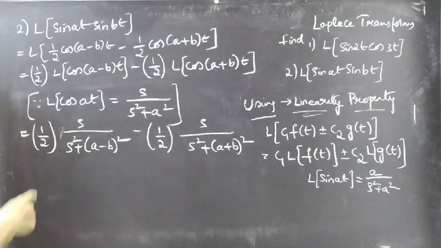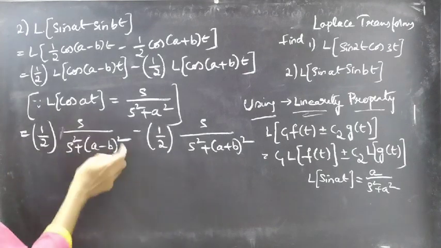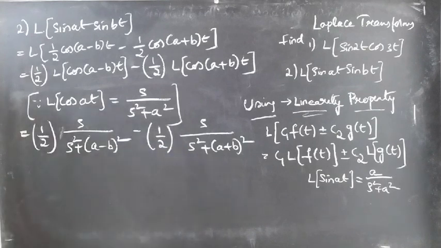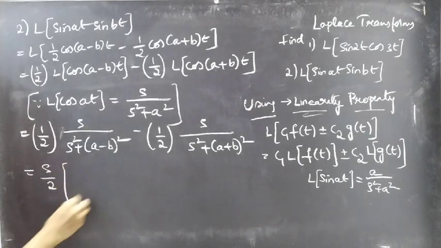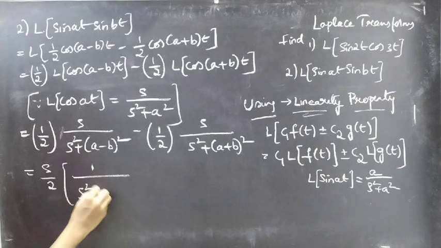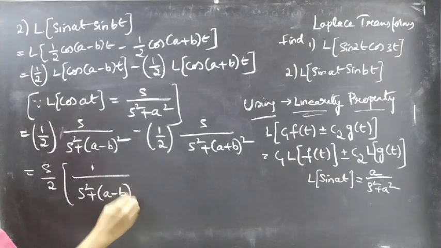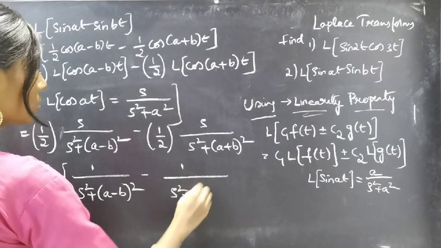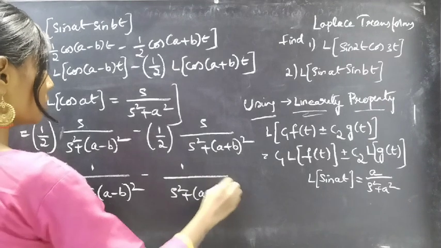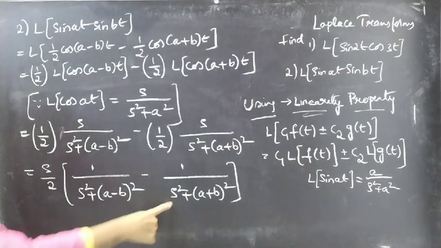Okay, now let's take 1/2 and s common from these two terms. Then we'll get s by 2 into 1 by s square plus (a minus b) whole square minus 1 by s square plus (a plus b) whole square. Now take the LCM of these two terms.